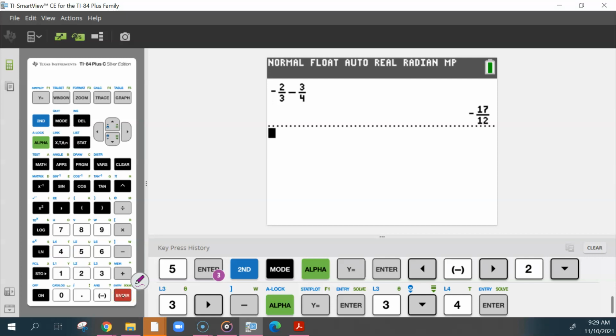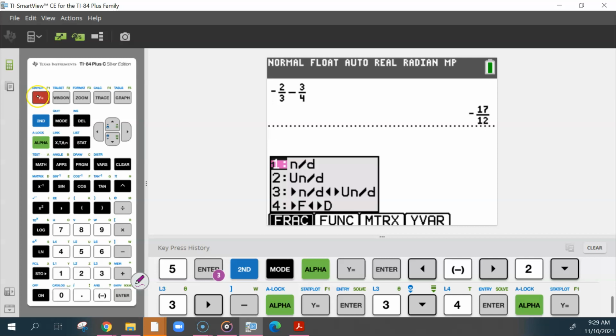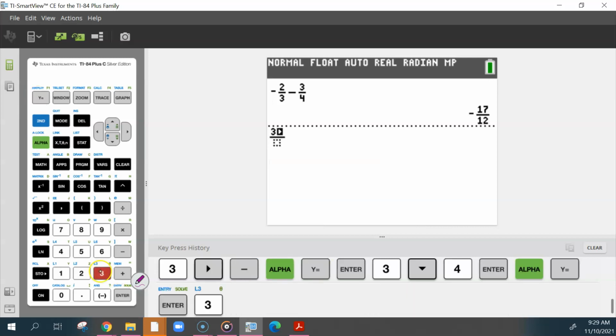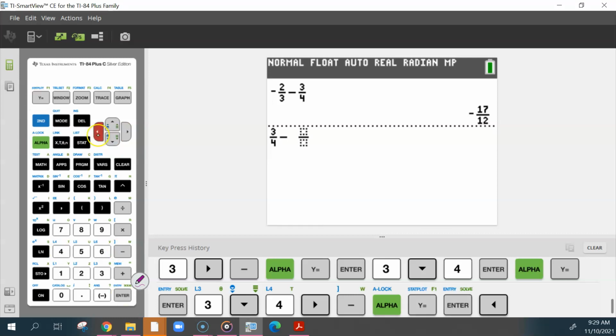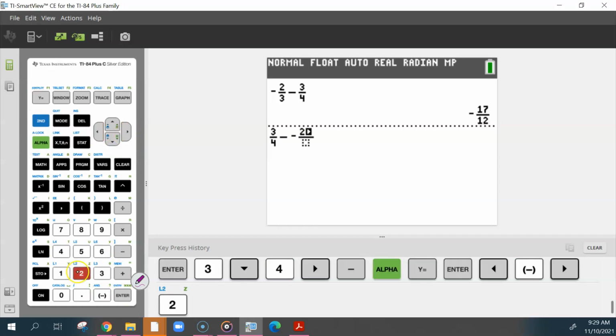Then we're going to do our denominator, which was 3 over 4 minus a -2 over 3.